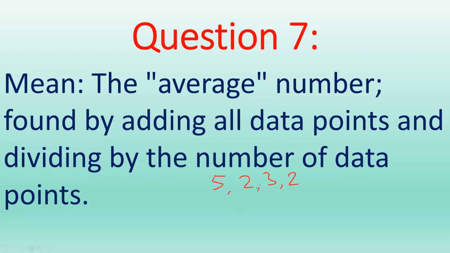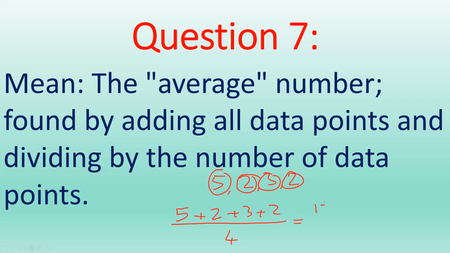What is the average of these 4 numbers? First, you add them all. 5 plus 2 plus 3 plus 2, over how many numbers you have? 1, 2, 3, 4. Divide by 4. When you add them all, you get 12 over 4, and that is 3. So this is the mean of these numbers, the average of these numbers we can also say. You add them all and divide by how many numbers you have.